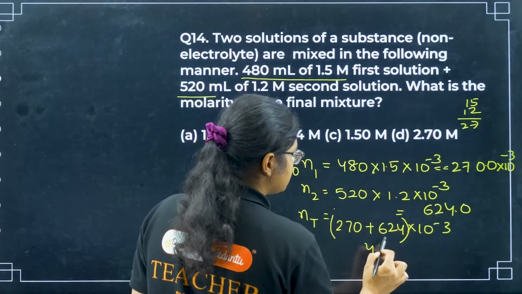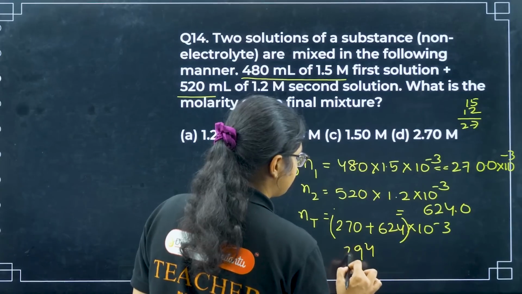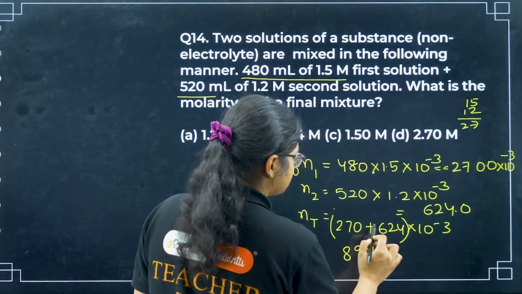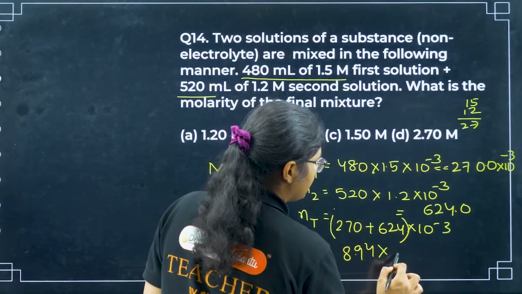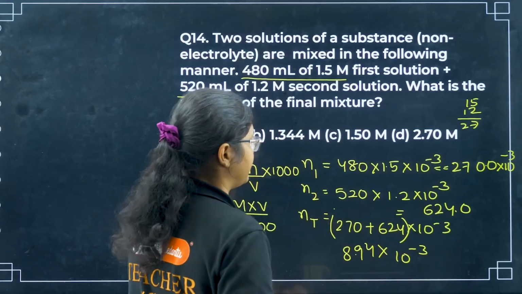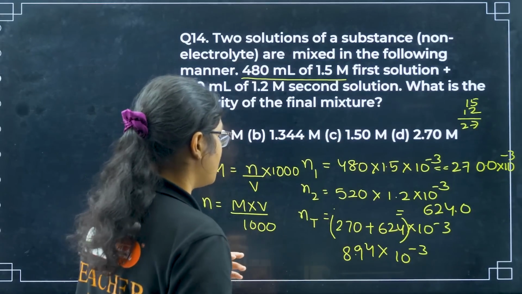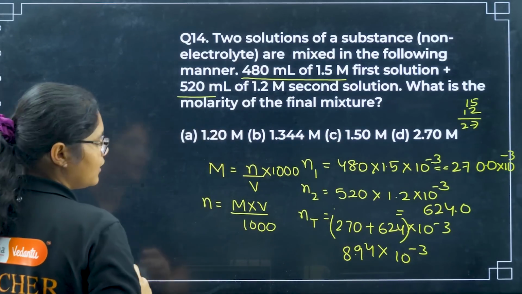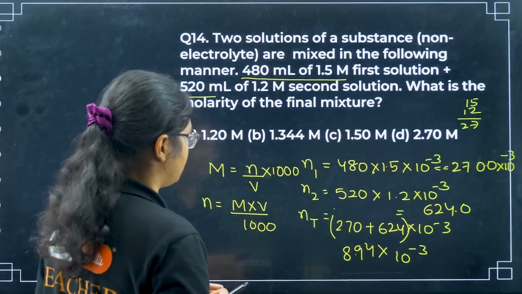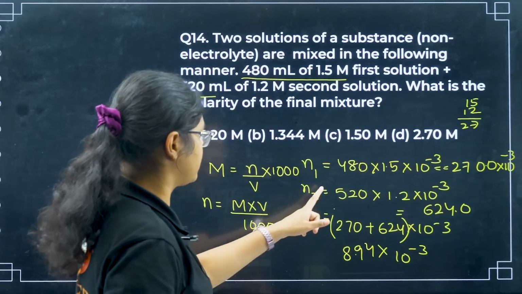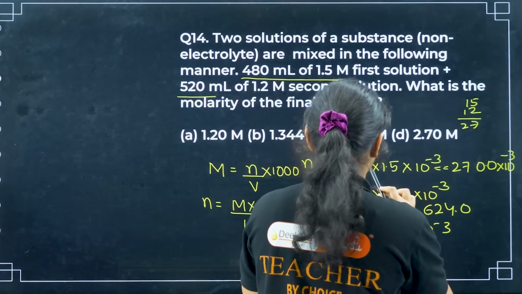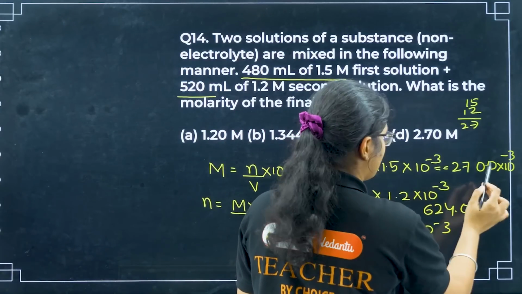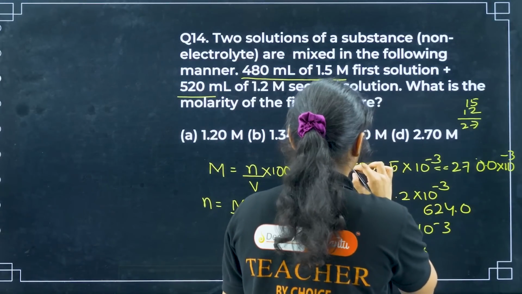So 894 into 10 to the power of minus 3, okay. Now, just a minute, number of moles we have calculated. Once again I'll do the calculation. 15 zeros are 0, 15 eights are 120, 0 I carried 12.